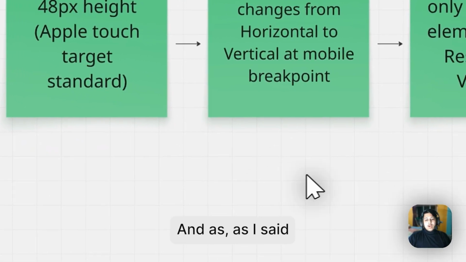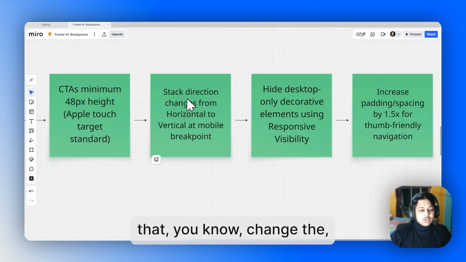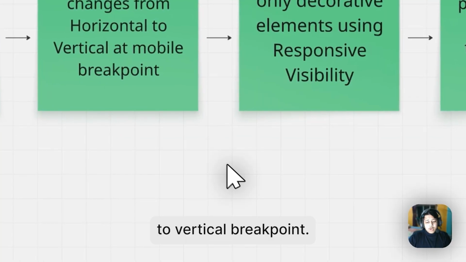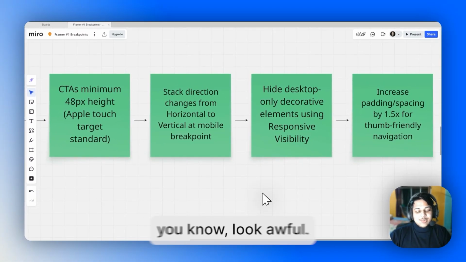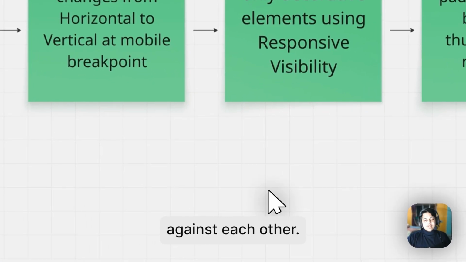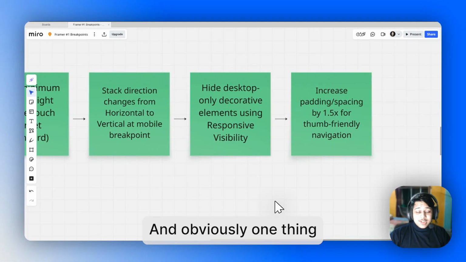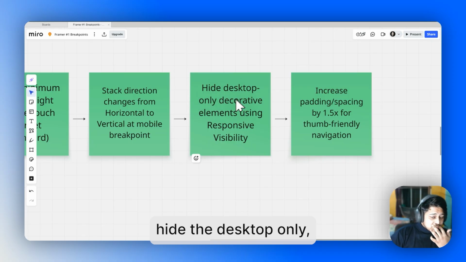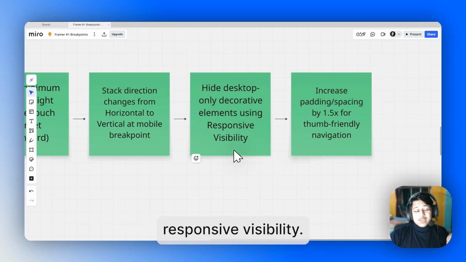And as I said, it's very common to change the direction from horizontal to vertical at the breakpoint. Otherwise, side by side, it will look awful and the text will overlap. So that's not a good thing, obviously. And obviously, one thing that I haven't mentioned: hide the desktop-only decorative elements using responsive visibility.